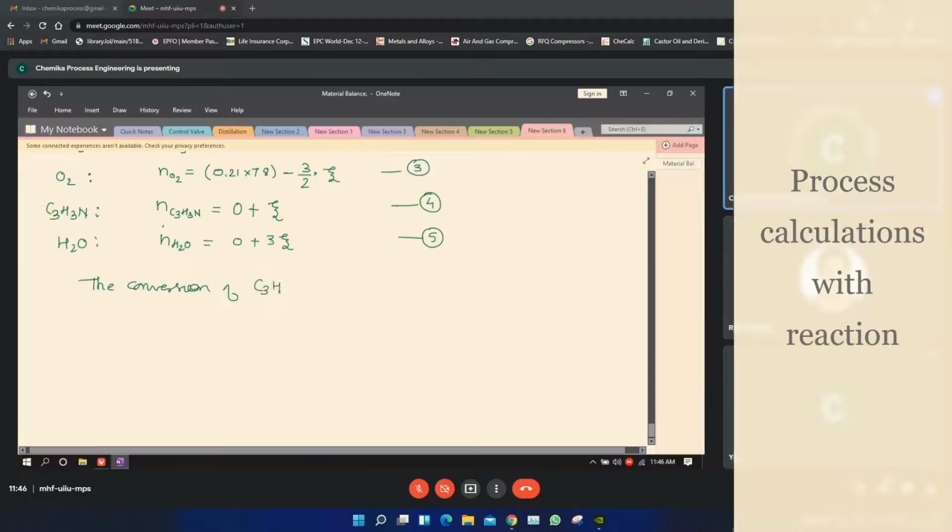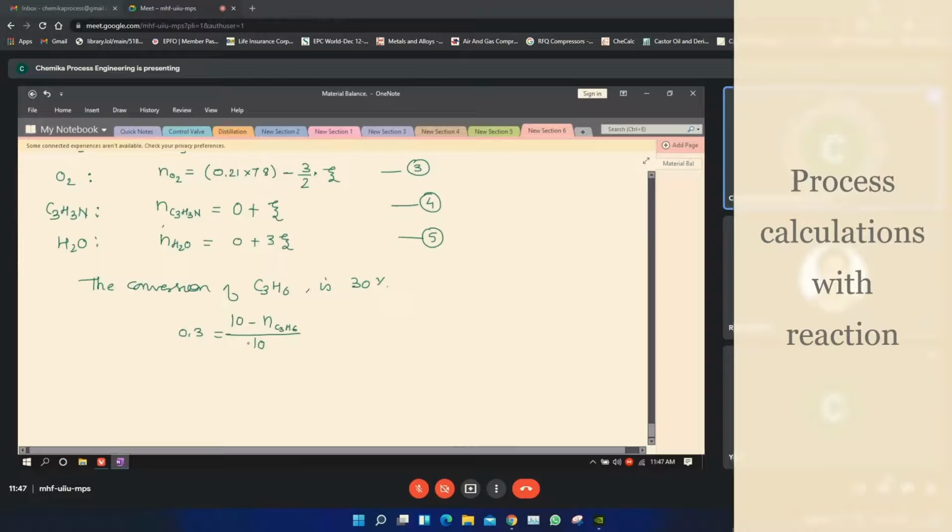The conversion of C3H6, which is the limiting one, is 30%. So what is meant by conversion? Percent conversion is equal to inlet of propylene, which is 10, minus outlet, which we don't know, of C3H6, divided by inlet, so that will be your conversion. So we know the conversion of propylene.